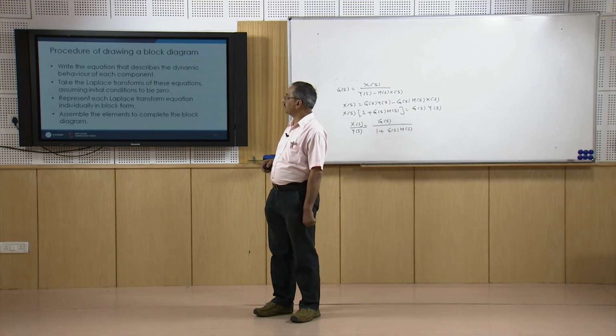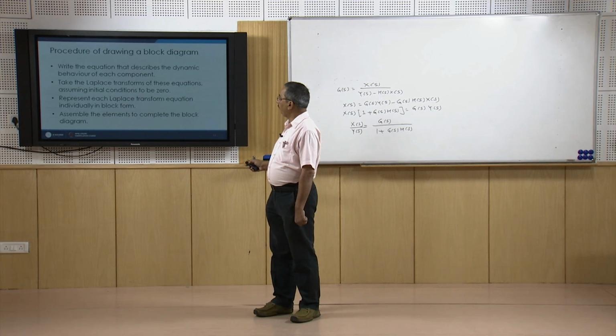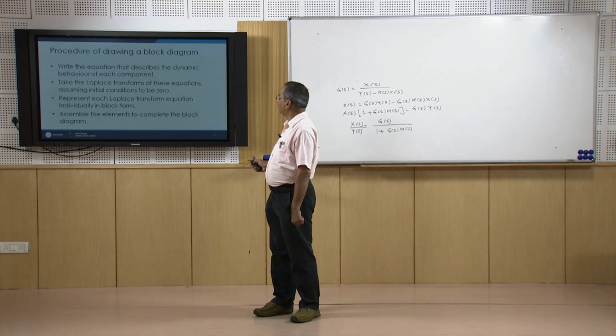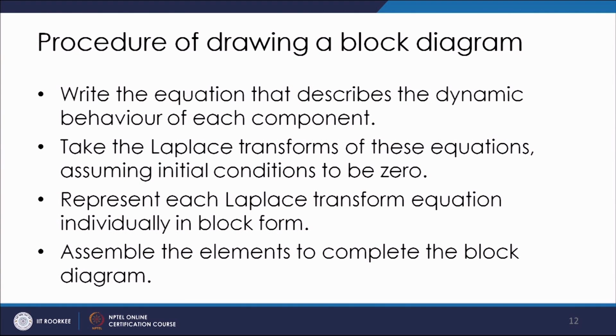Then we take the Laplace transforms of these equations assuming initial conditions to be 0, and we represent each Laplace transform equation individually in the block form, and finally we can assemble the elements to complete the block diagram.